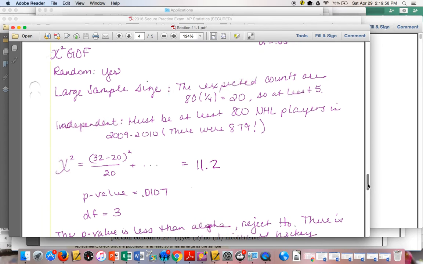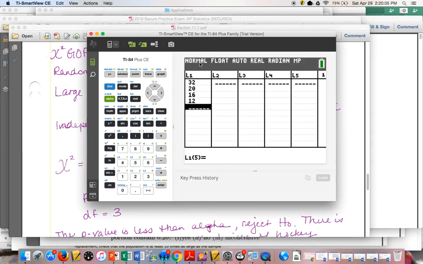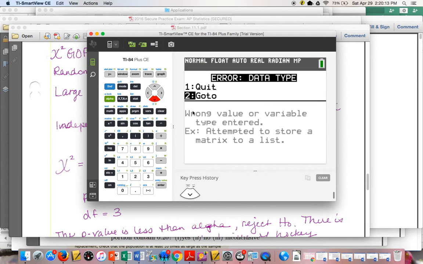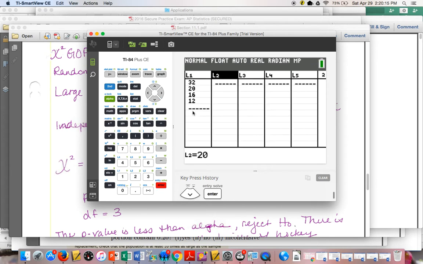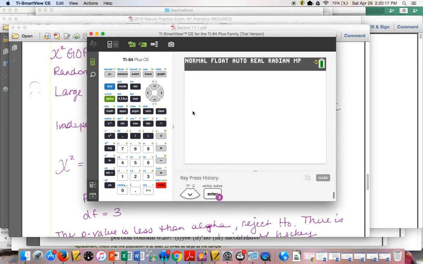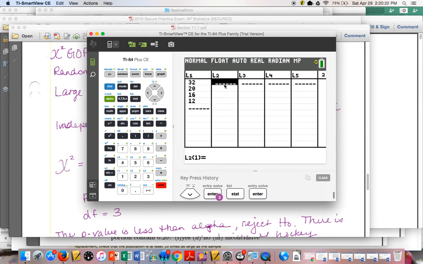All right, when we calculate the test statistic, there's 2 ways to do it. You type the observed in list 1 and the expected, which are the 20s, in list 2.